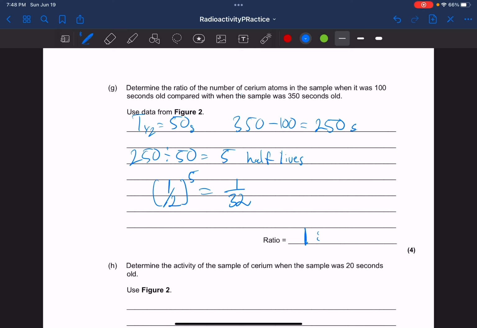Well, actually, they're going to want it the other way around, because the bigger number has to go first. 32 to 1. So it started out, for every 32 atoms there are now only 1, between 100 and 350 seconds.